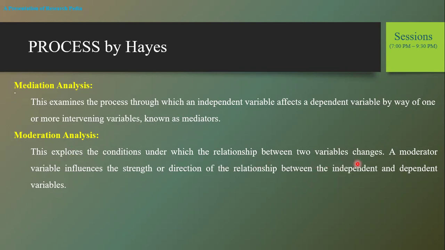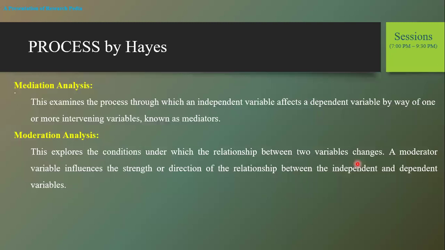sometimes including another variable in a relationship basically changes the impact or the direction of the independent variable on the dependent variable. So the moderator changes either the impact or the direction of the independent variable on the dependent variable, whereas the mediator explains the impact of your independent variable on the dependent variable.